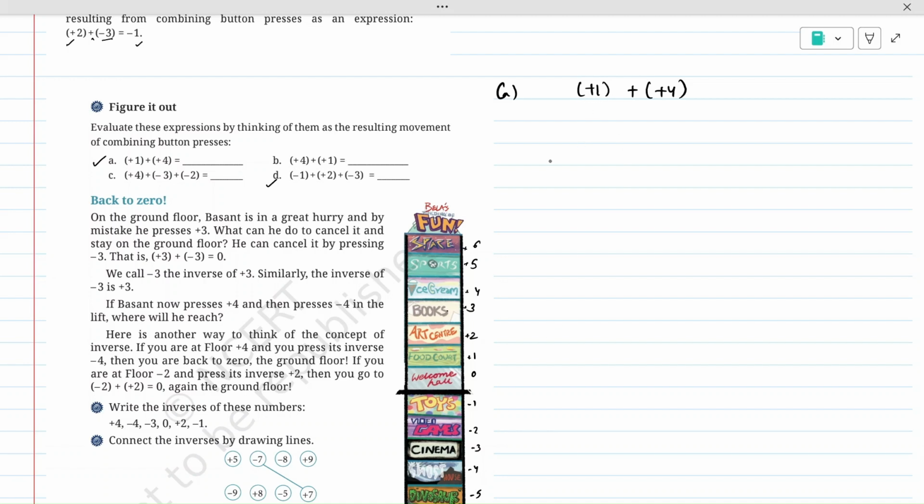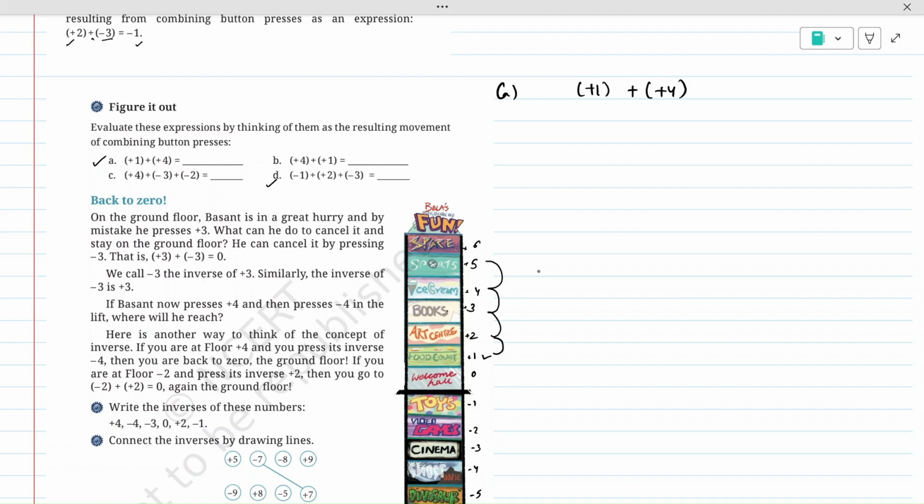Now currently I am at +1. That means this is my position. And from here I am moving +4 more. That means I am moving upwards. How many steps? 4 steps. So 4 floors. First floor. So from here I am going to first floor 1 time, second time, third time and fourth time.